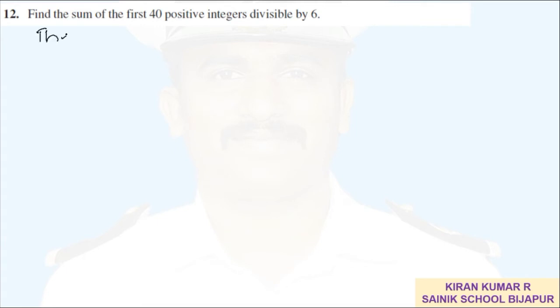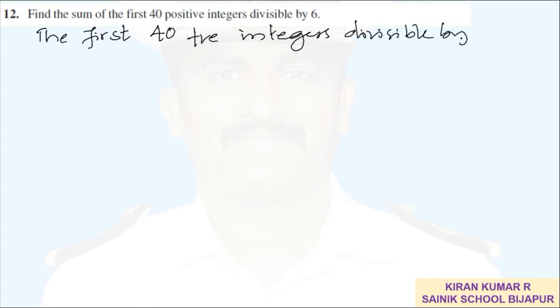The first 40 positive integers divisible by 6 are 6, 12, 18 and so on till 240.